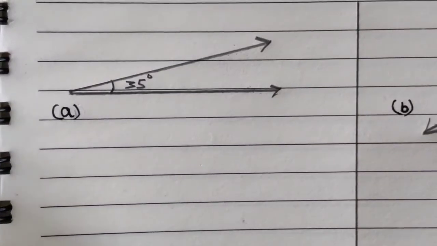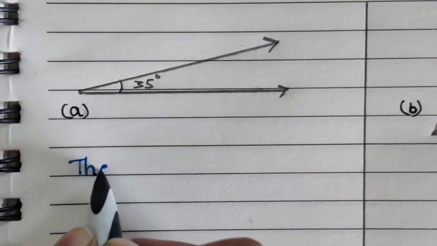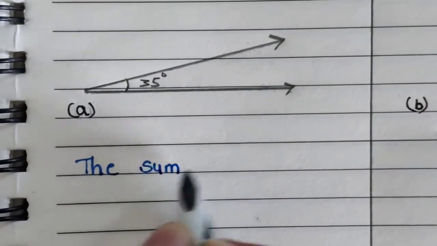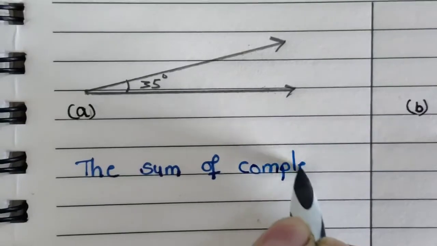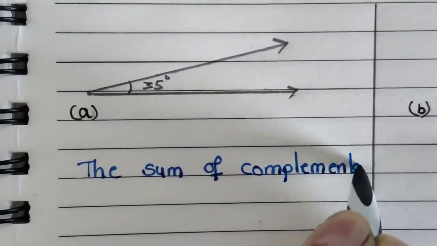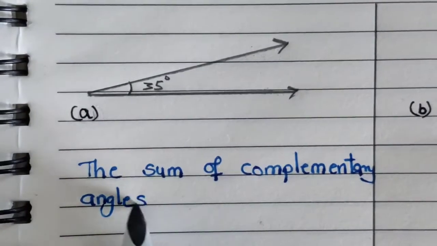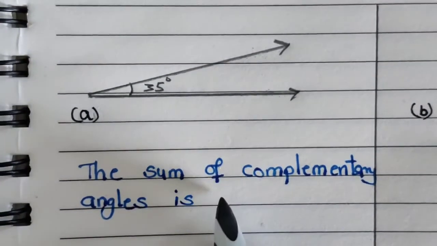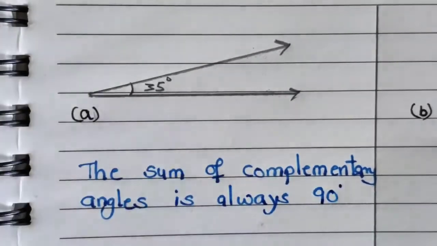First of all, you have to mention the property that the sum of complementary angles is always 90 degrees.